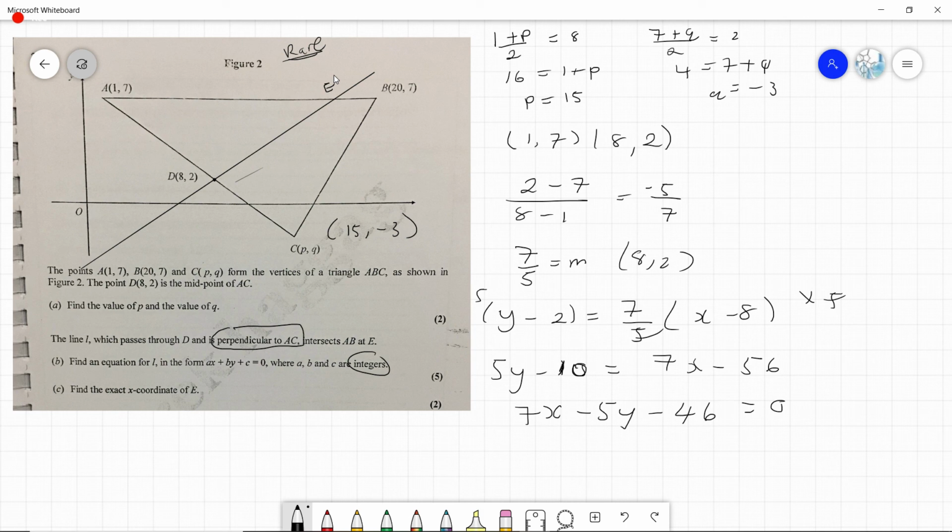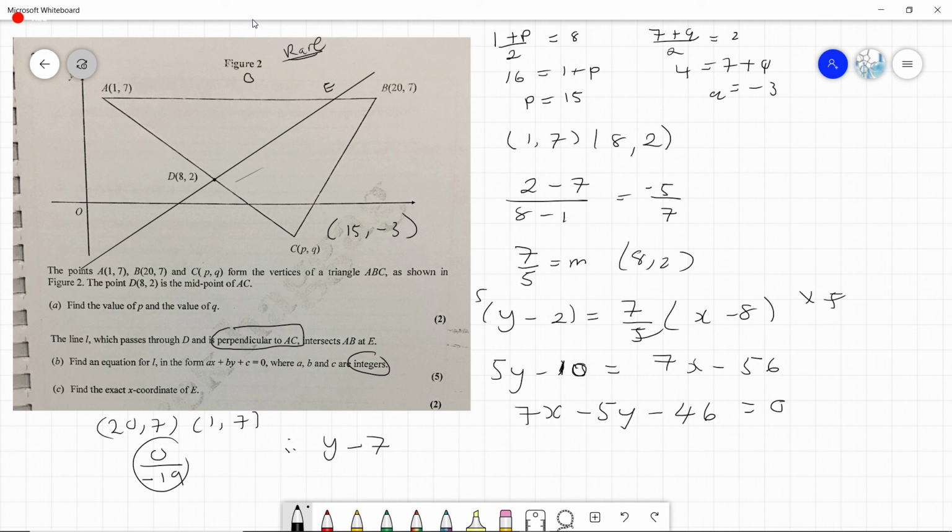So let's find the equation of the line AB. The gradient: we've got 2 points, 2, 7, and we have 1, 7. So 7 take away 7 is 0, and 1 take away 20 is going to be minus 19. So clearly our gradient is 0 because it's a straight line.